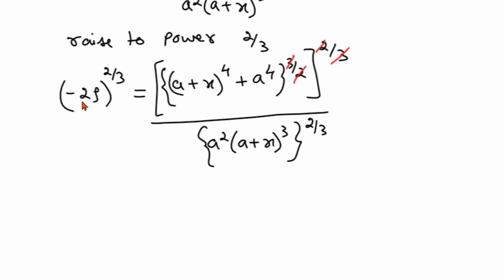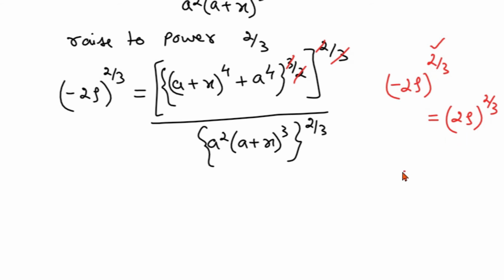And on the left hand side, if you try to observe, it is (minus 2ρ) to the power of 2 by 3 can be written as (2ρ) to the power of 2 by 3. You're having a negative value to the even power, power 2, right? So whenever you have power 2, the value will become positive.